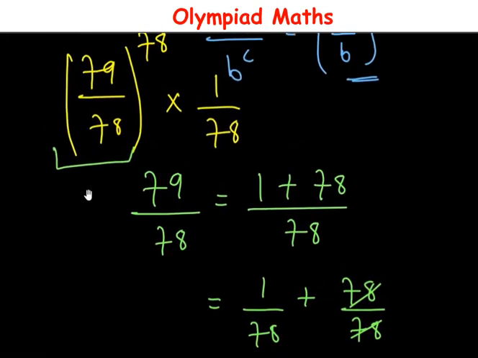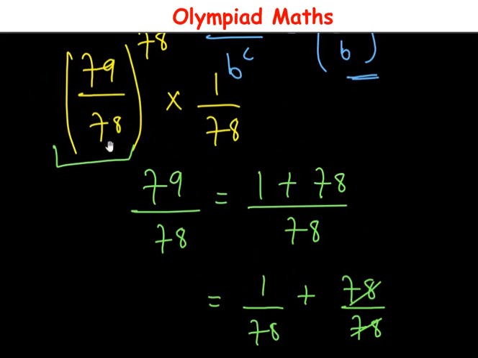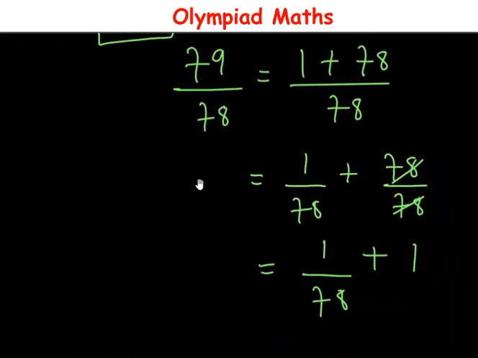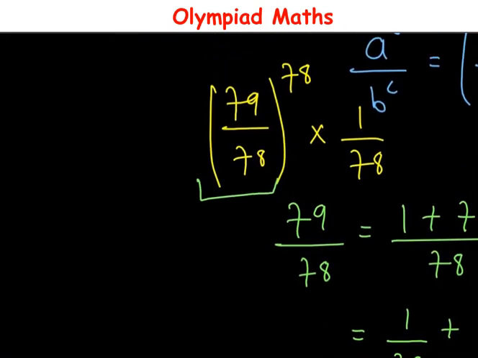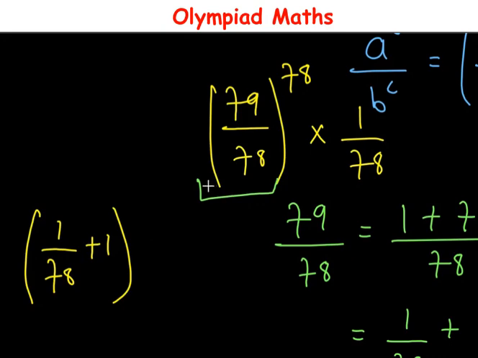Don't forget that this is the value of 79 over 78. So we got 1 over 78 plus 1. Writing this, we have in brackets 1 over 78 plus 1, to replace 79 over 78, then all raised to the power 78, then times 1 over 78.